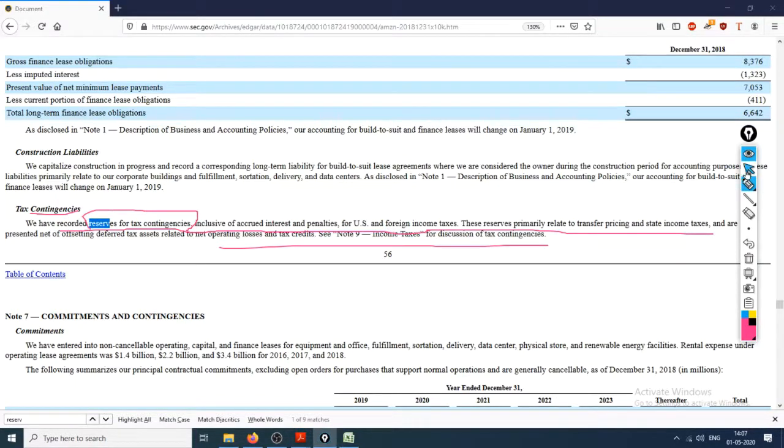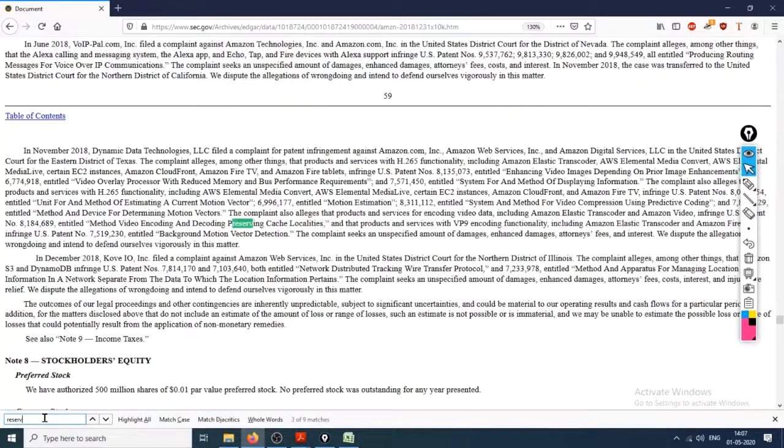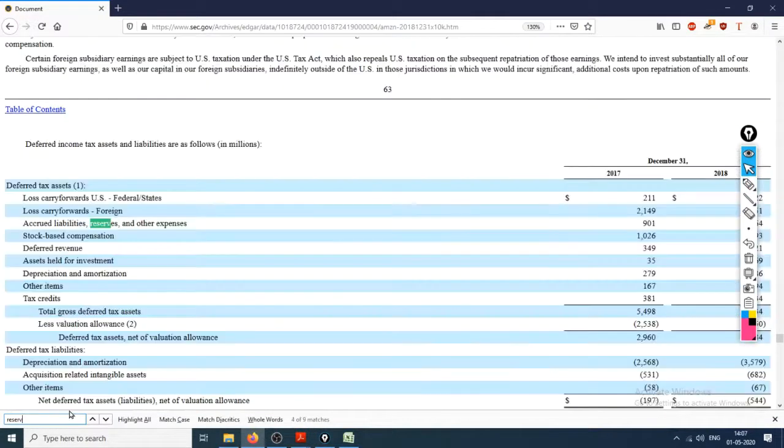Interesting. Let's search more. Reserves, enter. Nope. Accrued liabilities, right here. Deferred income tax liabilities and millions. So these are the accrued liabilities that have not arrived yet but may arrive in the future, hence there is a reserve created for it.